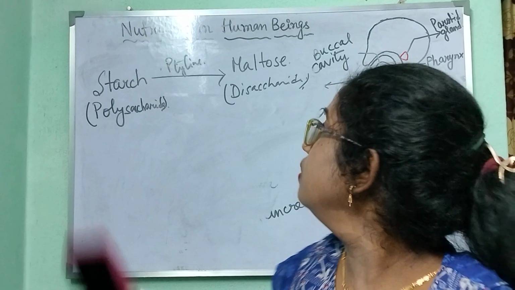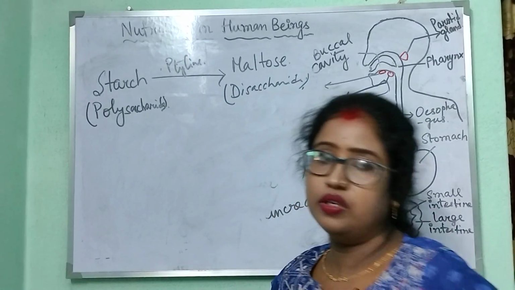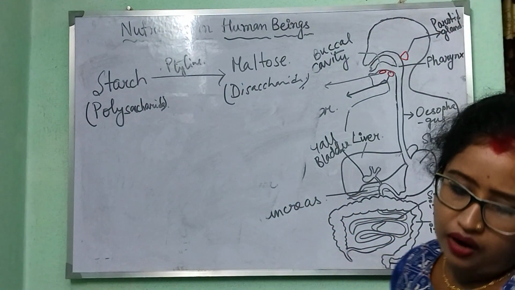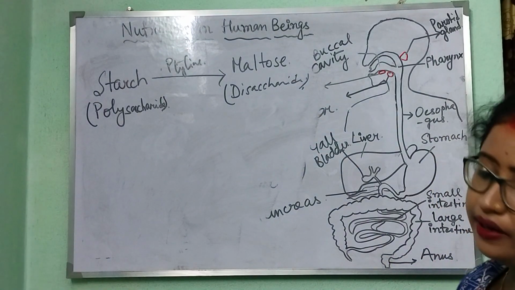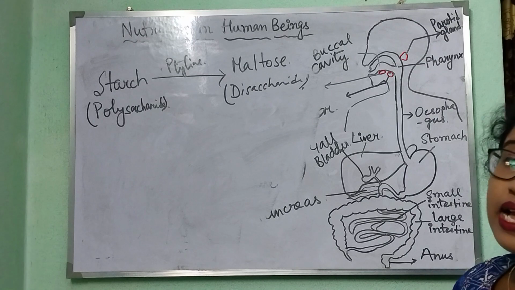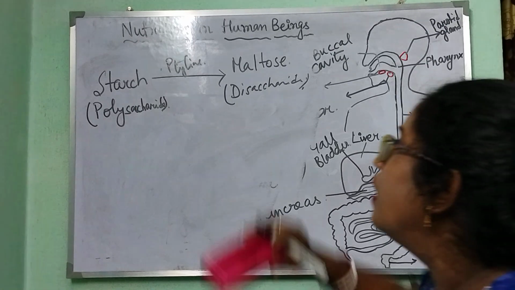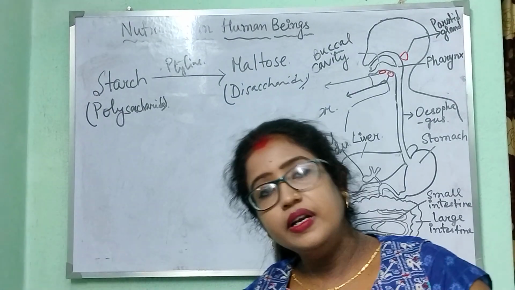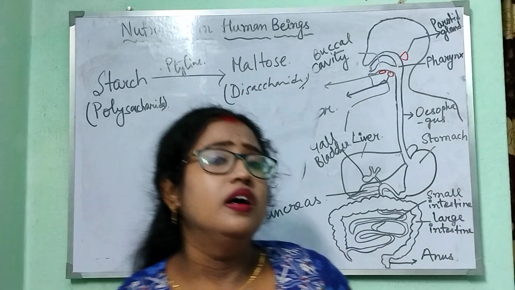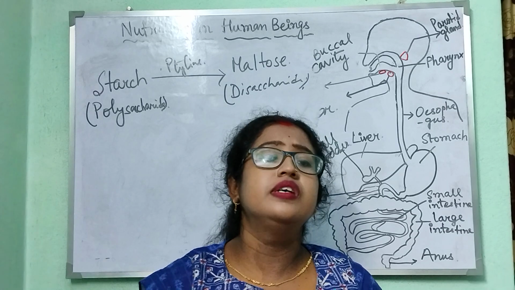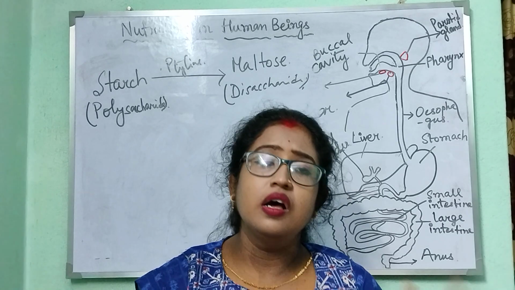So the starch or the polysaccharide breaks down into maltose disaccharide by the help of salivary amylase, or rather I say the enzyme ptyalin. So saliva has some particular function in our digestion process.